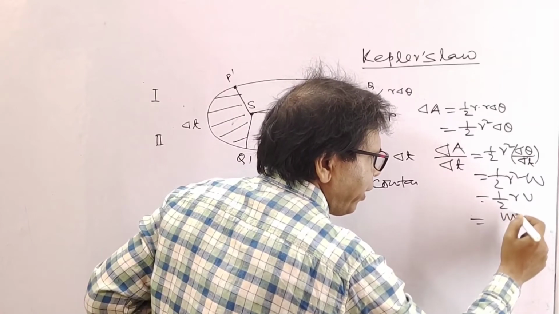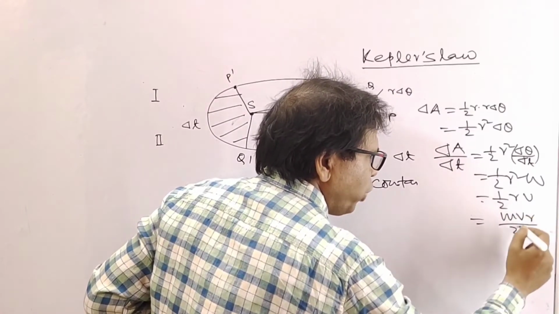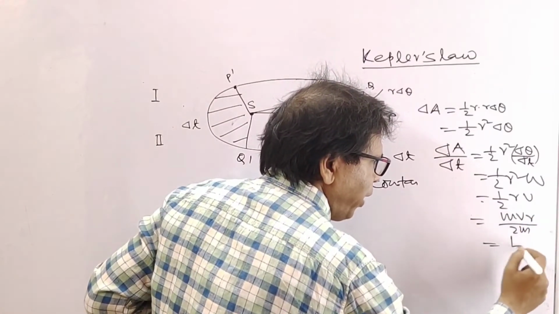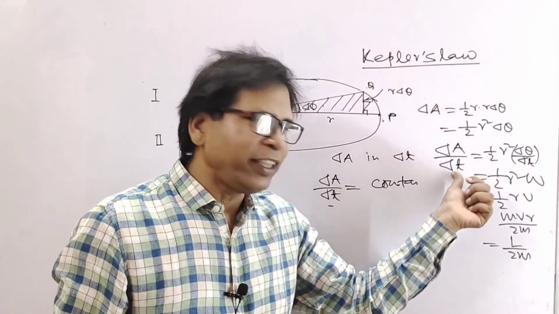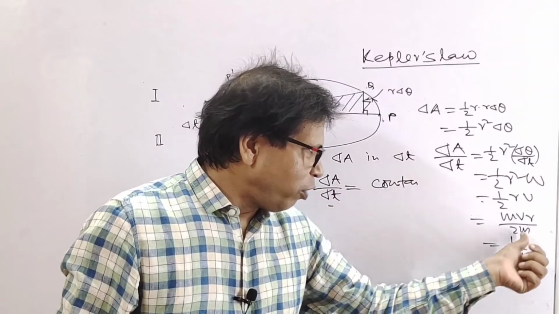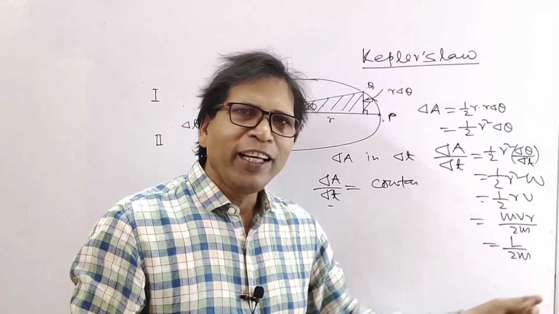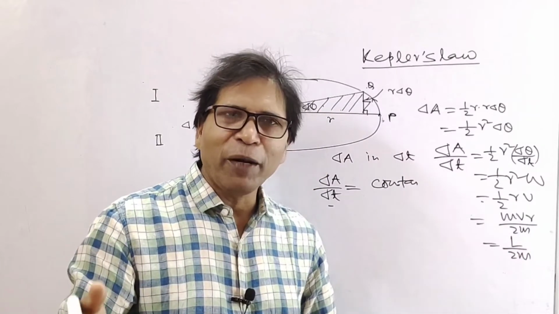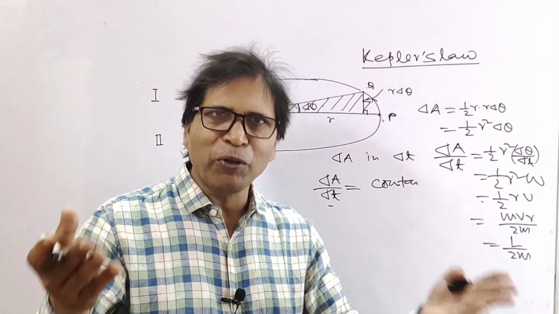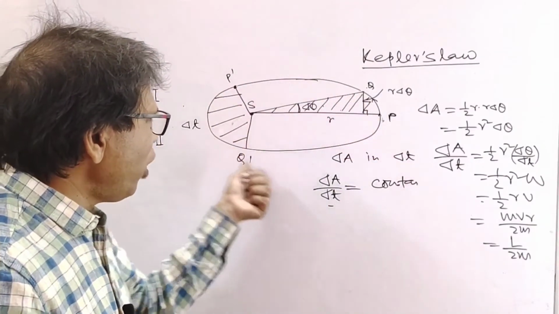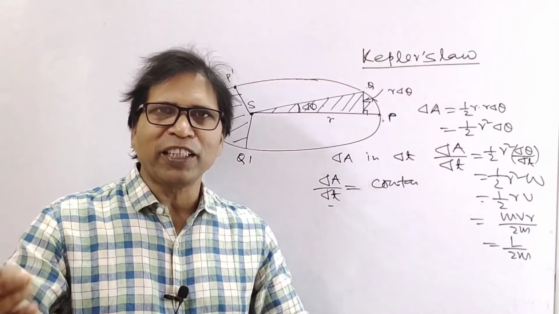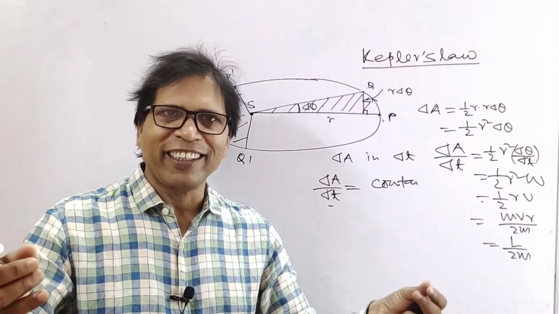Now mvr divided by 2m, that is L by 2m. So if delta A by delta t is constant, then angular momentum by 2m is also constant. Therefore angular momentum is also constant. Therefore for a planet, the angular momentum with respect to the sun is constant.